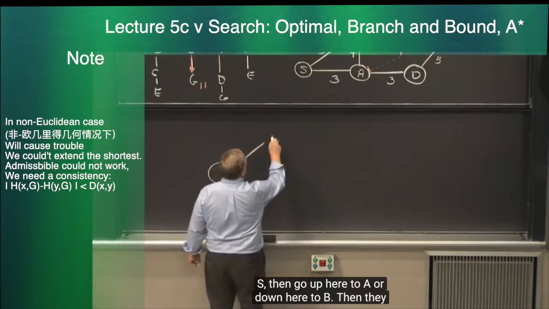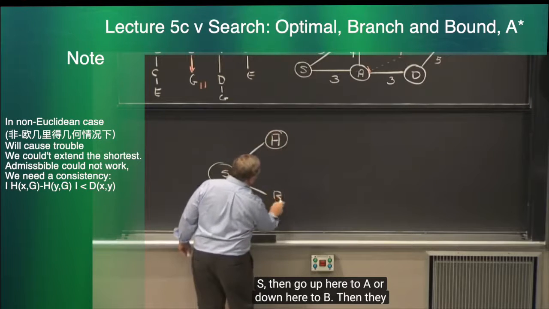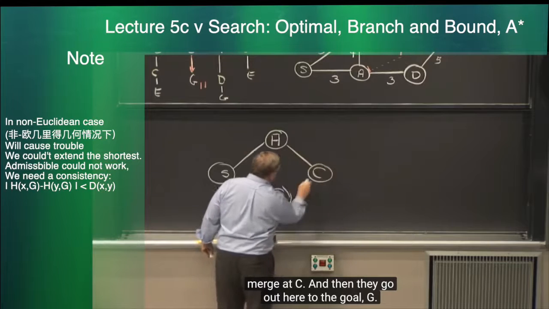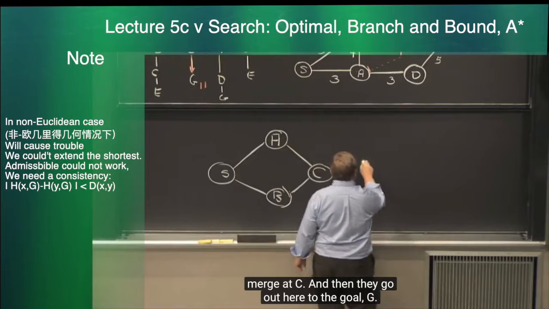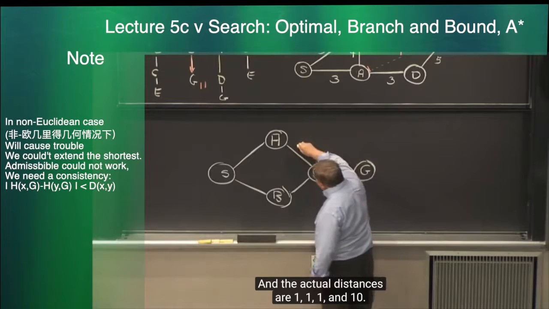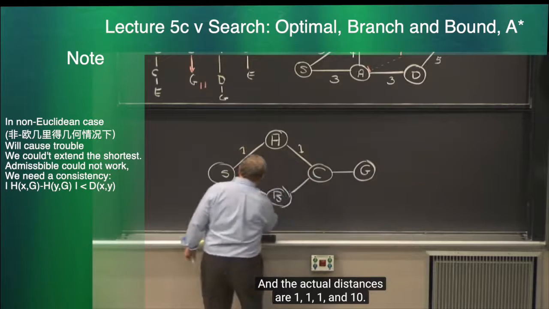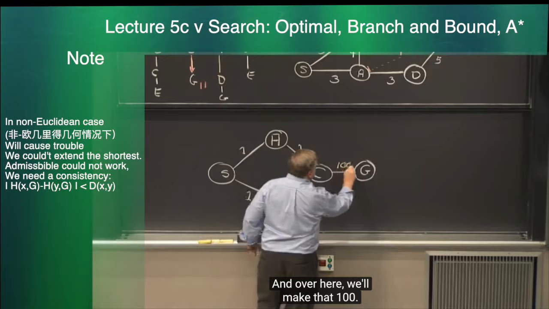S can go up here to A or down here to B. Then they merge at C. And then they go out here to the goal G. And the actual distances are 1, 1, 1, and 10. And over here, we'll make that 100.